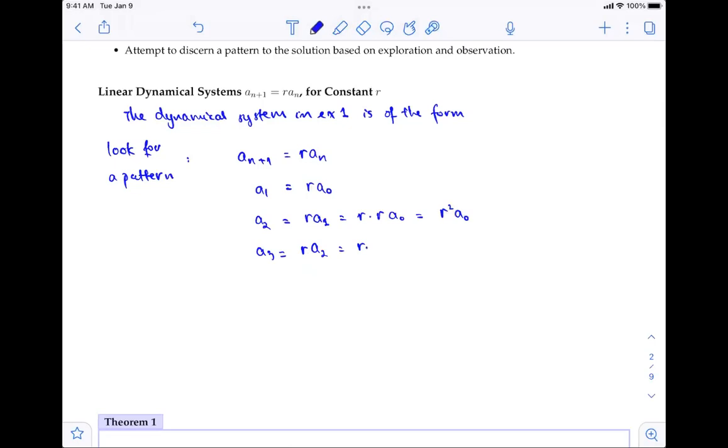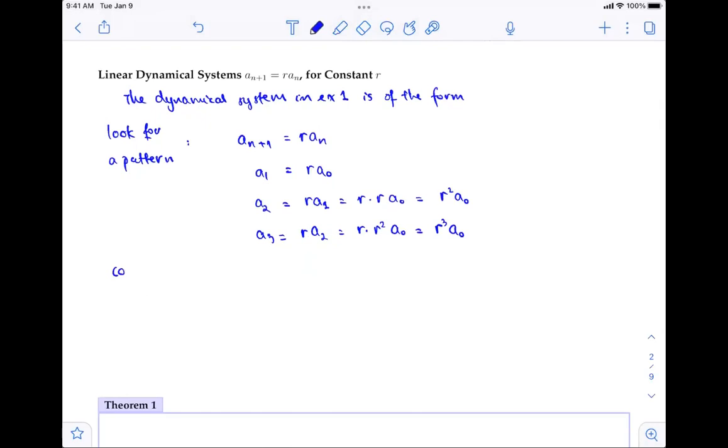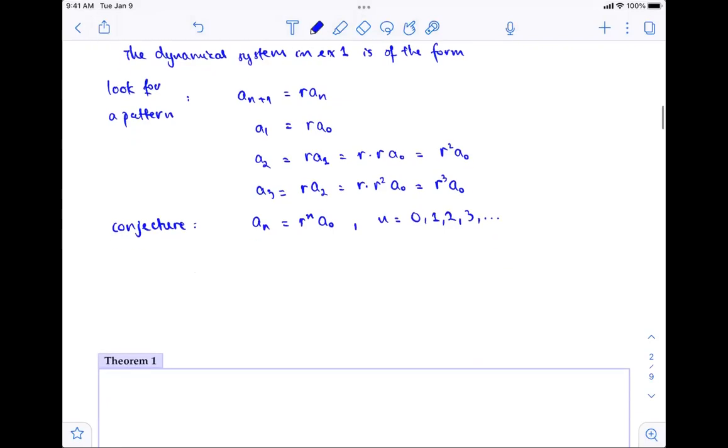So this gives you r times r squared times a0, or r cubed times a0, right? And again, hopefully after this step, you can recognize the pattern and you can provide a conjecture that a sub n is equal to r raised to the n power times a0 for n equal to 0, 1, 2, 3, and so on. And we're going to test the conjecture.